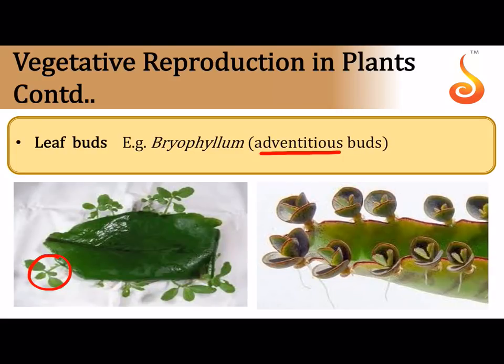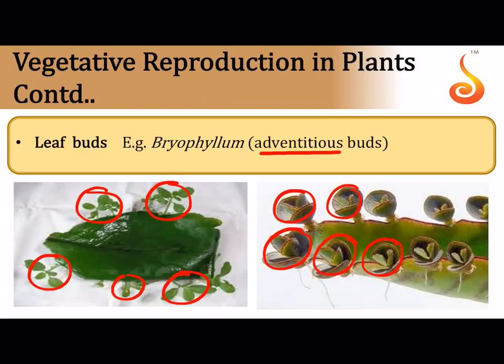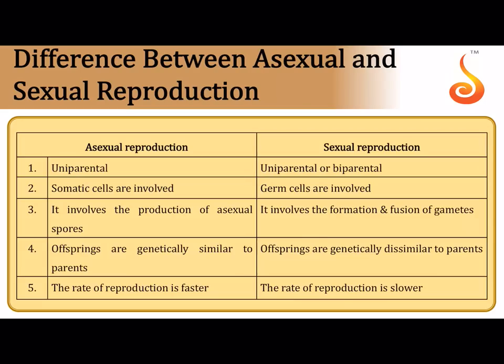See how on the leaf margin you can see daughter plants, buds have developed and young plants are starting to take shape. And this happens in the margin of the leaf, and therefore these buds which emerge on the margin of the leaves, which develop into young plants, are called leaf buds. The best example is a plant called bryophyllum. Okay?